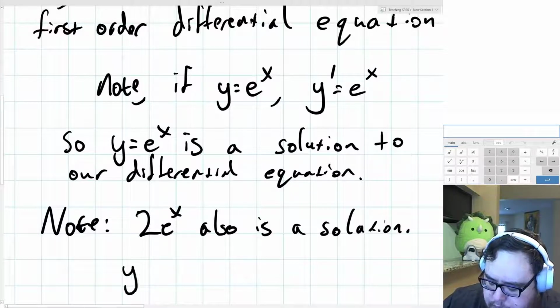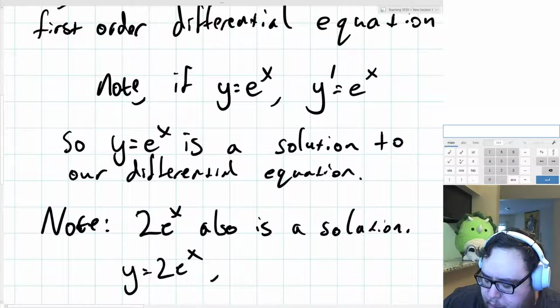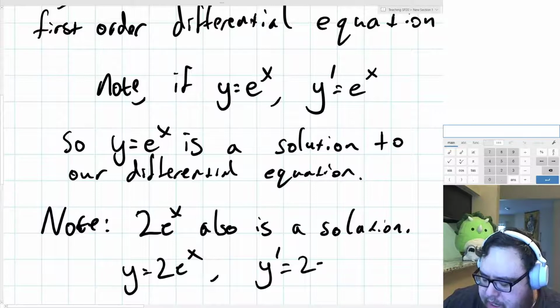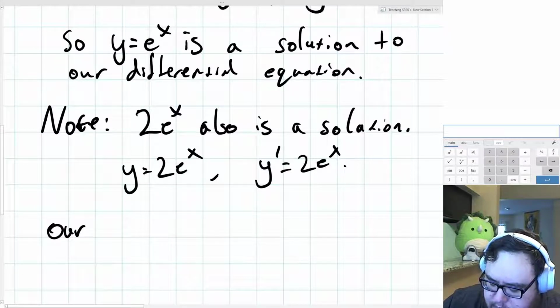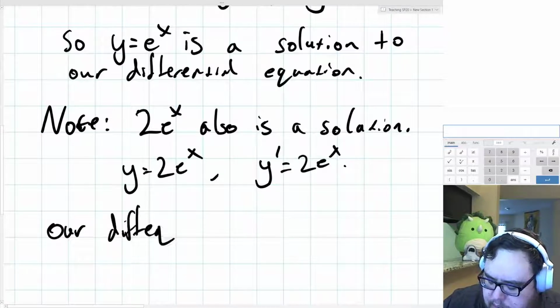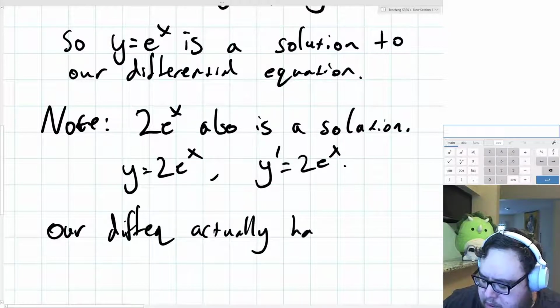If y is equal to 2e to the x, then y prime is equal to 2e to the x as well. So our differential equation actually has infinitely many solutions.